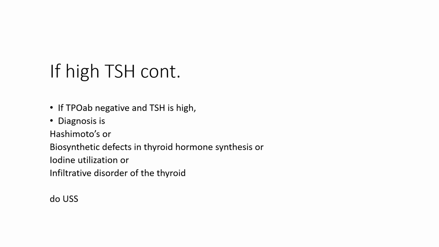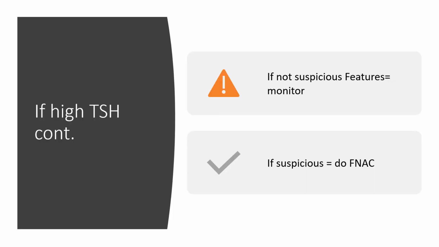In that case, you do ultrasound. Okay, if you are still dealing with very high thyroid stimulating hormone level, if you are not suspicious of any other features, just monitor. But if you are suspicious, do fine needle aspiration cytology.